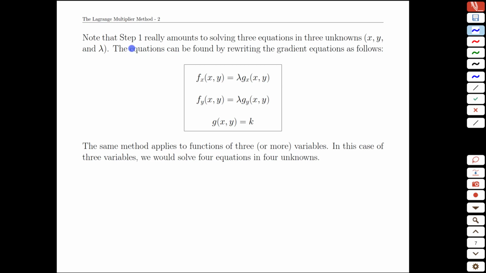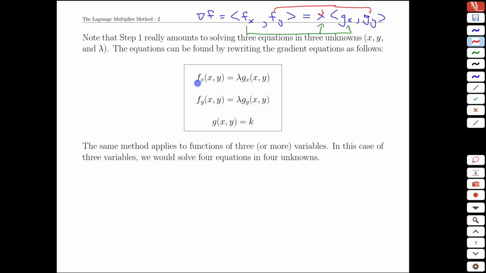If we look at two variable functions, what we can do is translate our gradient. Remember, the gradient of f is just a package of the x partial derivative and the y partial derivative in two variables. And what that means is, if we expand the first equation, which was the gradient of f equals lambda times the gradient of g, well, what we can do is just take the x components of that and then take the y components of that.